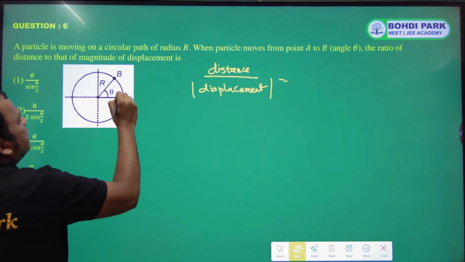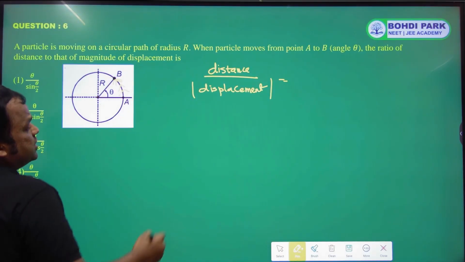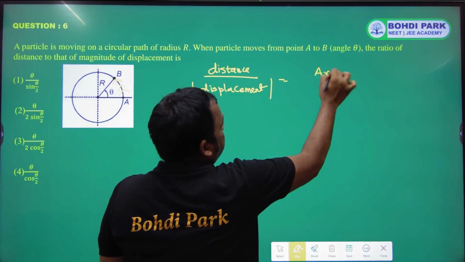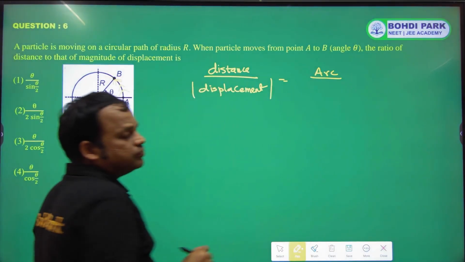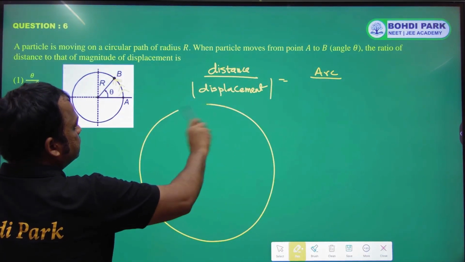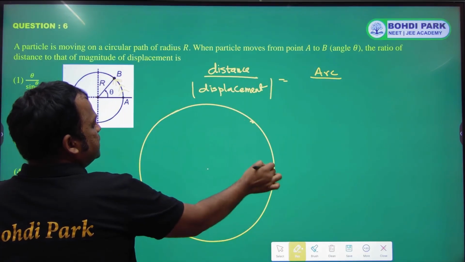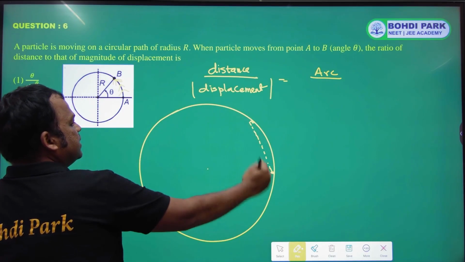It is covering an angle theta. So distance is equal to length of arc, and displacement is equal to the length of line joining initial and final point. This is the displacement.